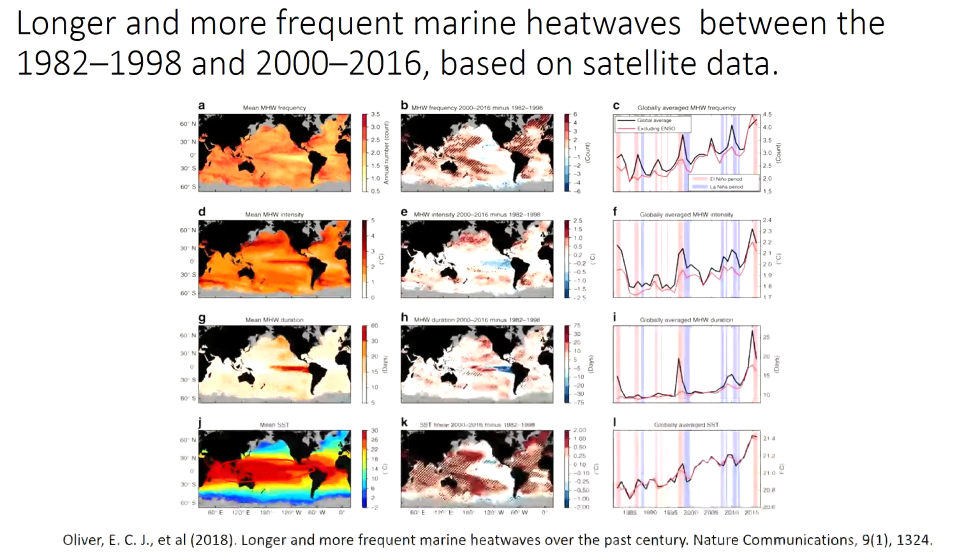We can see that over large parts of the Atlantic and particularly the Western Pacific and Indian Oceans, these are 1 or 2 degrees warmer than they were in the previous decades. And that is reflected over in L, where the globally averaged sea surface temperature trend has been increasing over time.